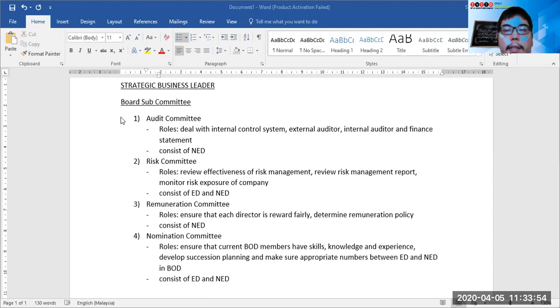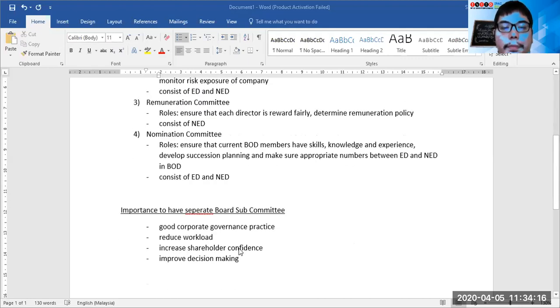When you have established a separate board committee, the audit committee will only deal with the issues I have discussed with you previously. They have their own separate roles, and in their meetings they will discuss these issues only.